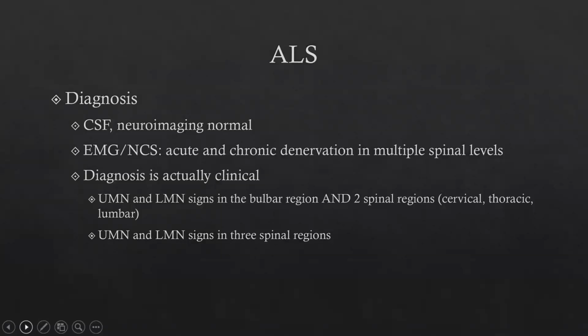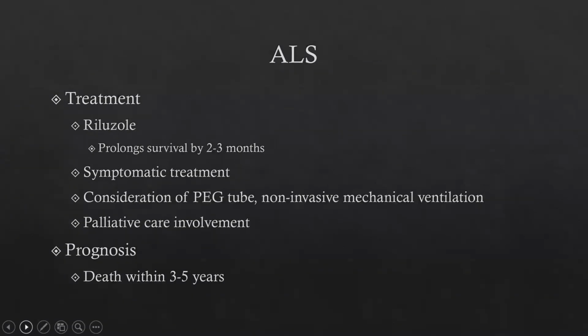The commonest is the modified El Escorial classification, which can help in trying to figure out your diagnosis. But there are a few other criteria. Some of them have actually incorporated nerve conduction and EMG as part of the diagnostic criteria.